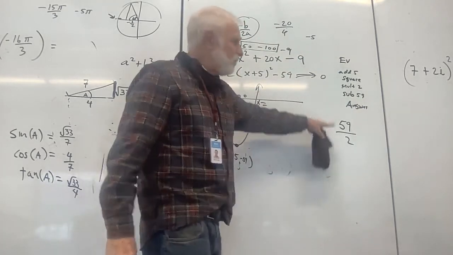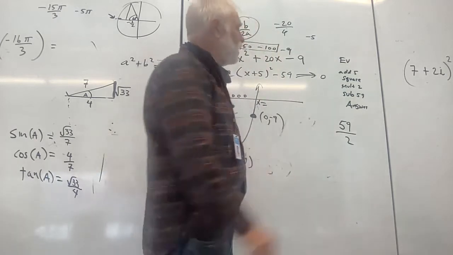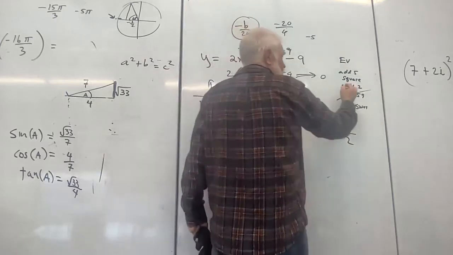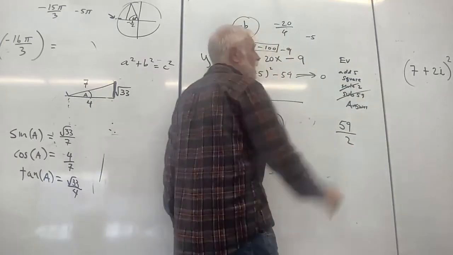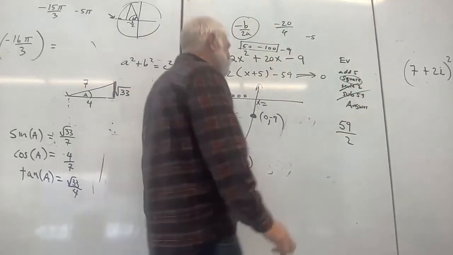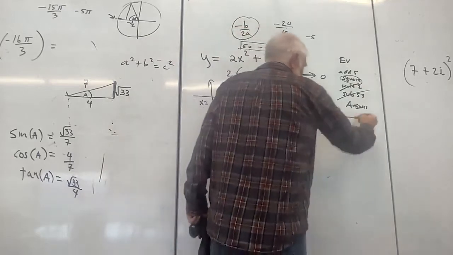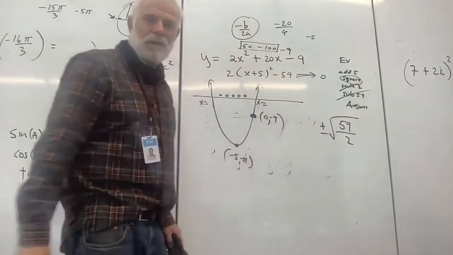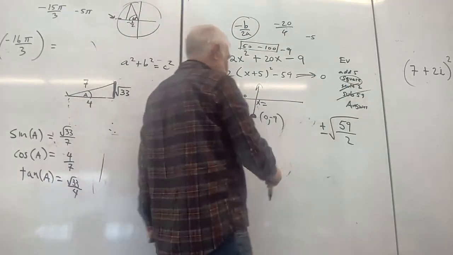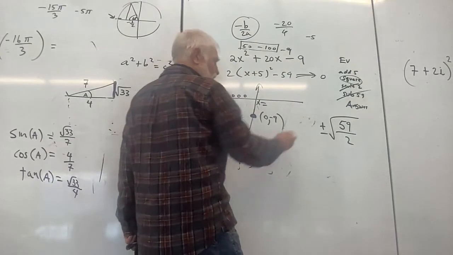How am I getting your answer? By doing the inverse operations of each of those in the correct order. The inverse of subtraction, addition of 59, the inverse of multiplication by 2, division by 2. Now the inverse of squaring. All right? I'm doubting a lot of you remember plus minus. Well, we talked about it in class, at least one of the classes, A or B, I forget. And then the last thing is adding 5, so I've got to move the 5 to this side.